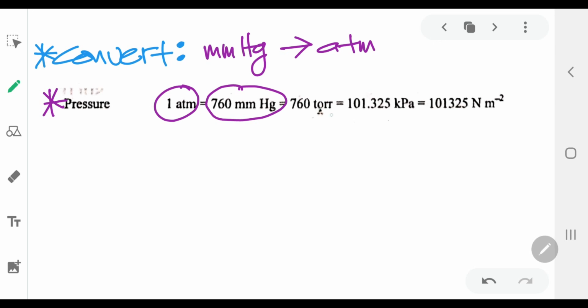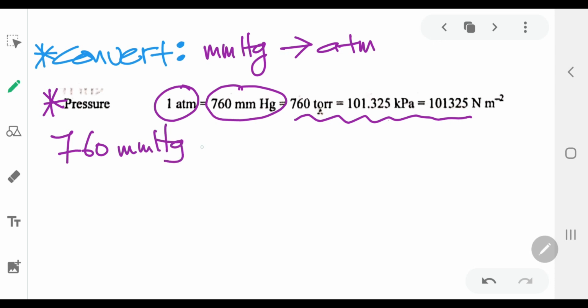For now, I'm just going to ignore all of this here because those are not used in the question. So the question uses millimeter mercury, mmHg. So from the equation, we know that 760 millimeter mercury is equivalent to 1 atmospheric pressure.